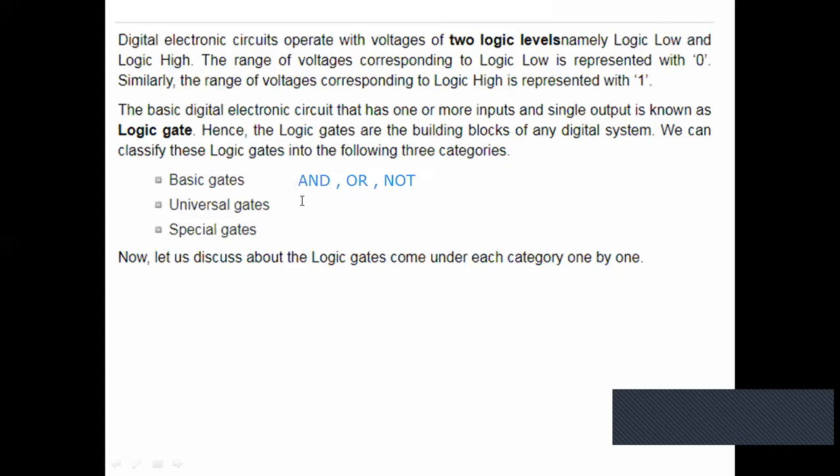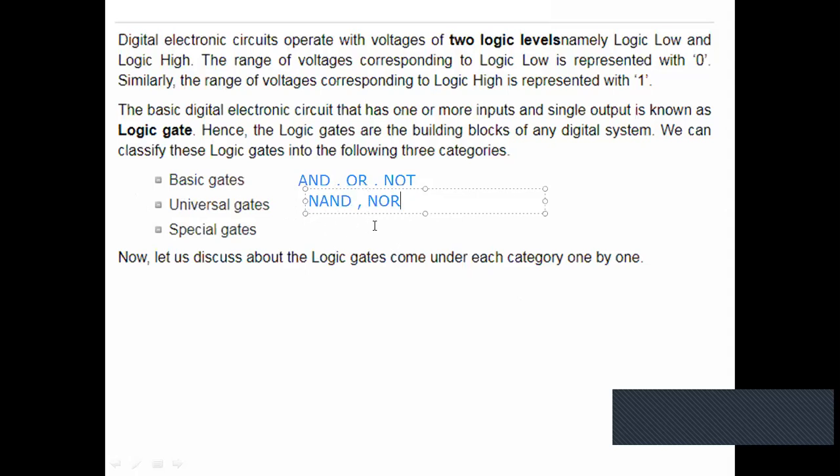Universal gates are NAND gate and NOR gate. This is very important for competitive exams also. Why are NAND and NOR gates called universal gates?